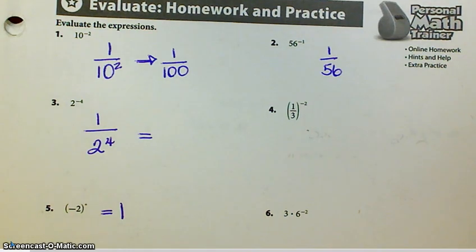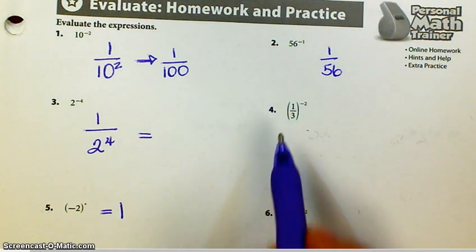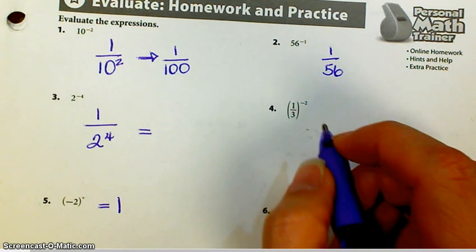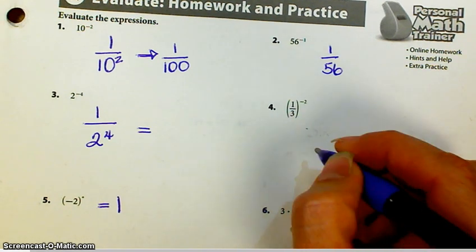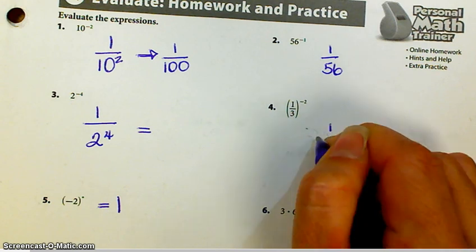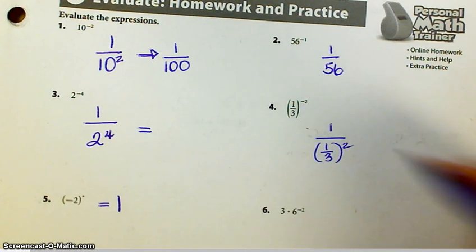1/3 raised to the negative 2 power. Okay, so this one, if you are careful, follow along with me. Remember, a number raised to the negative power is 1 over that number. So 1 over 1/3 squared.